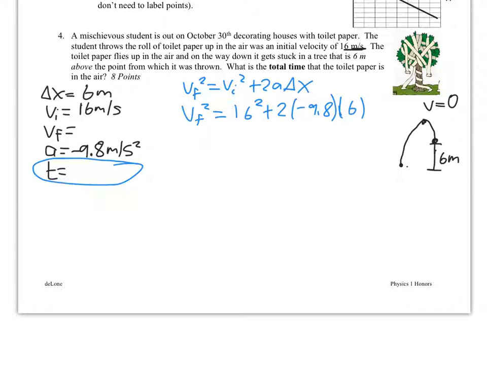Alright, so I put in the things that I know there, and I end up getting that Vf squared is going to be equal to 138.4, and that means that Vf is going to be plus or minus 11.76 meters per second.